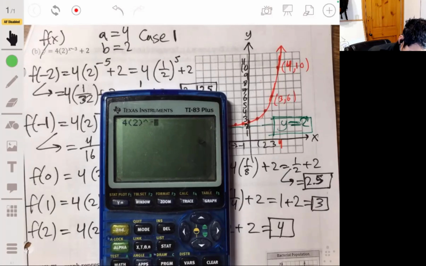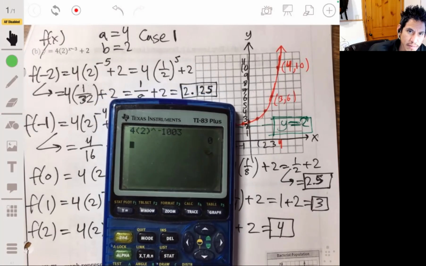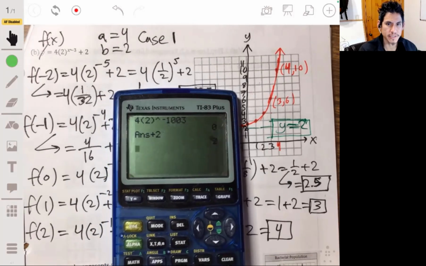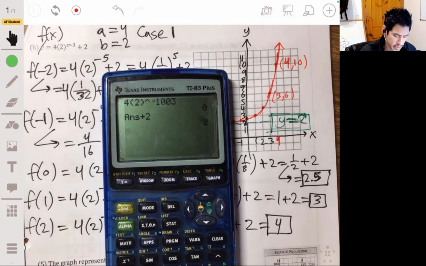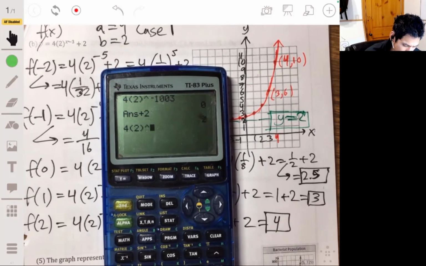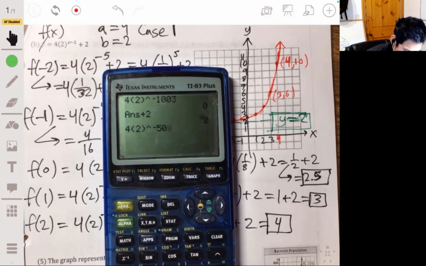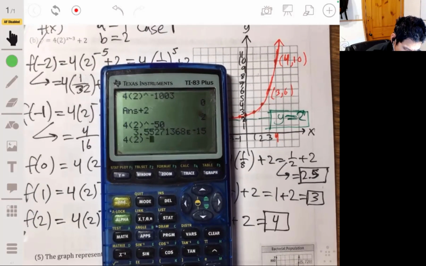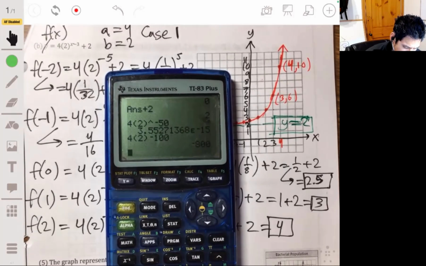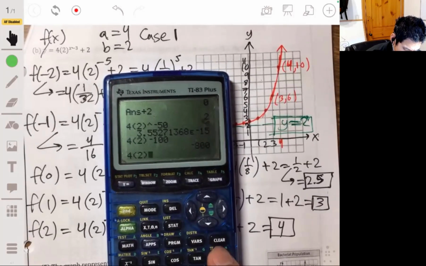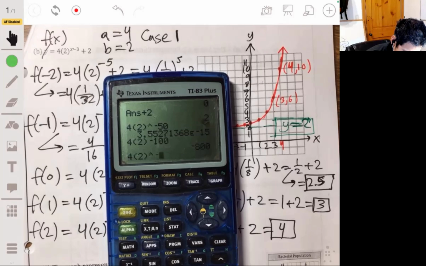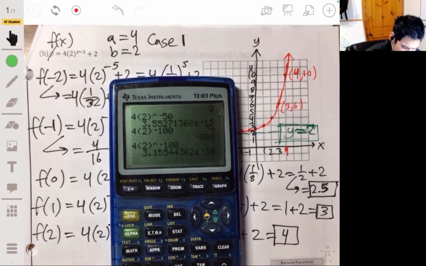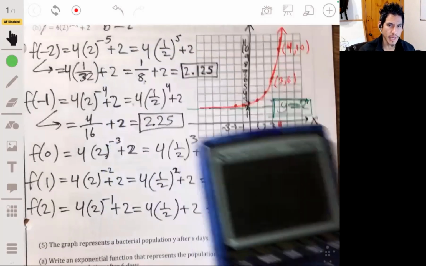Raised to the negative 1003. Obviously, we get 0. And then let me add that 2, of course. Let me get 2. See, that's what happens. Let's see what happens if I do 4 times 2 to the negative 50. Will this still be 0? 4 times 2 to the negative 100. No, whoops, no. Still having decimals. I'm just having fun here.